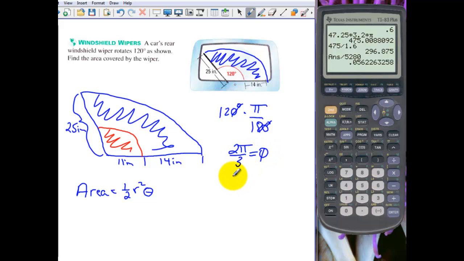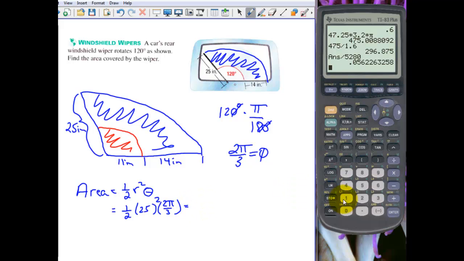And r for the entire sector is 25. So our total area of the whole thing, not taking out the red part, is 1/2 times 25 inches squared, so we're going to have the right units, times 2 pi over 3. I forgot to show the squared here.